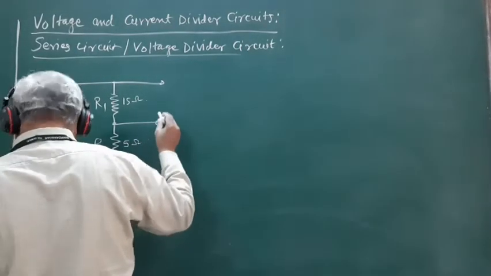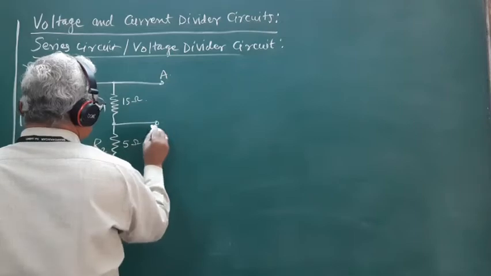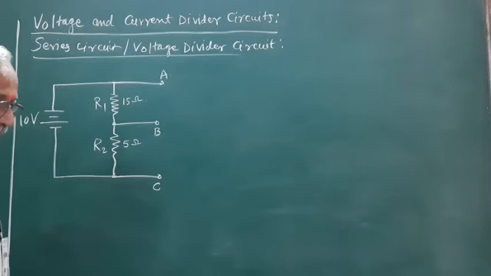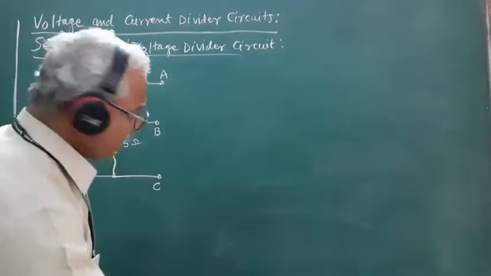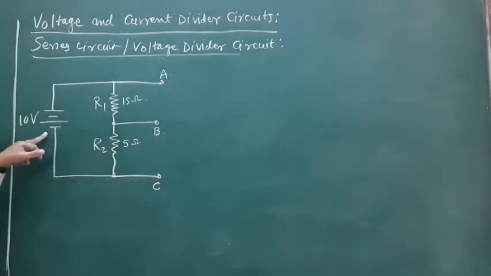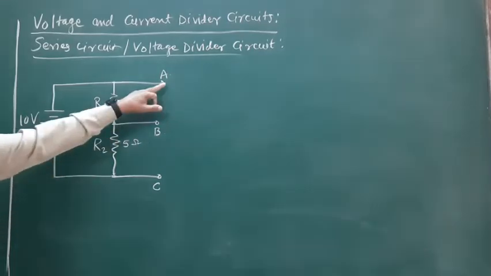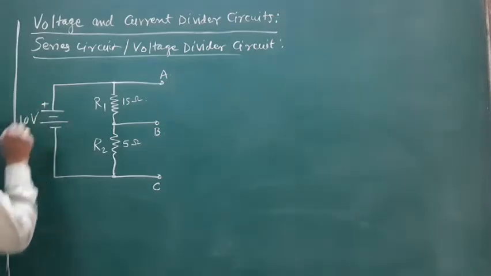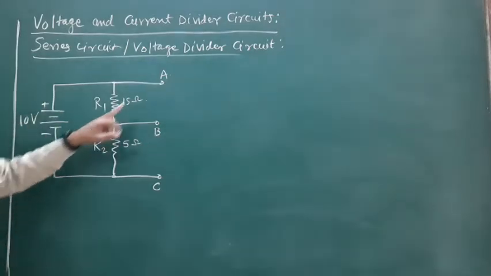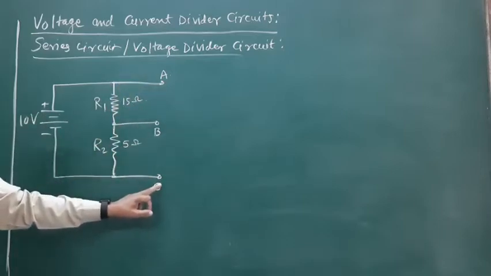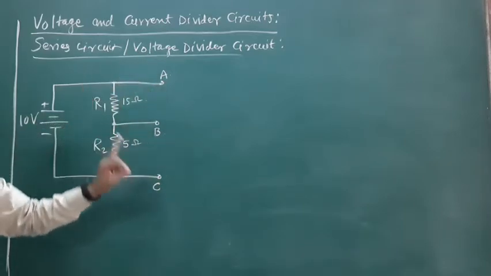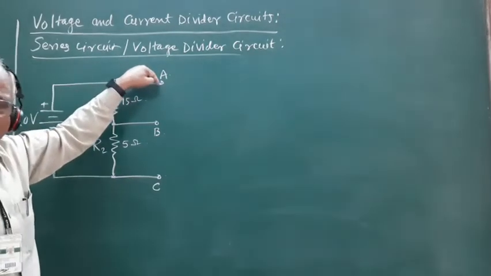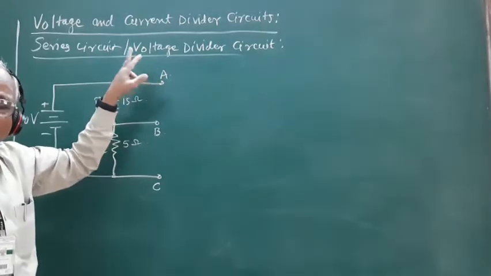This is the point A, this is the point B, and this is the point C. Since the point C is directly connected to the negative terminal of the source and the point A is connected to the positive terminal of the source, the point A is at a potential of plus 10 volt with respect to the point C.